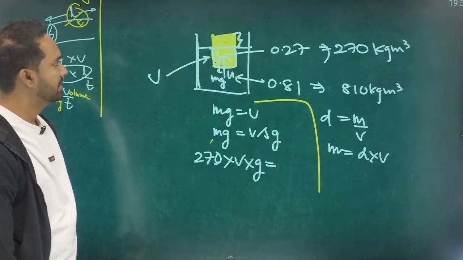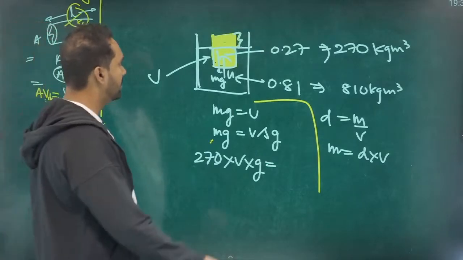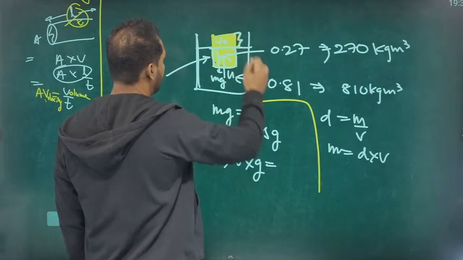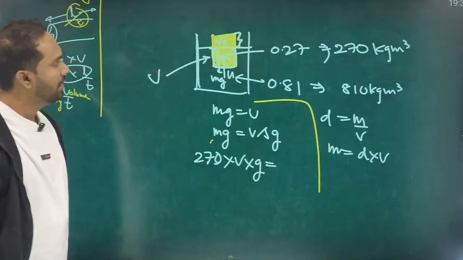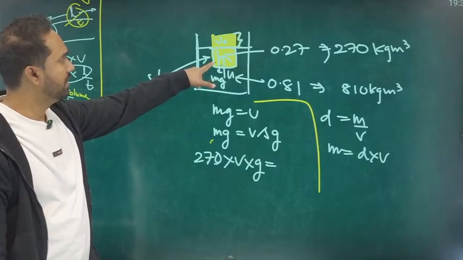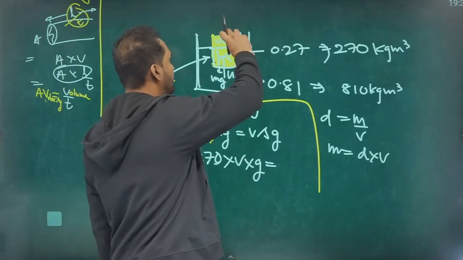Now the part that is immersed. If I take the volume of this top part as V naught, the immersed volume should be V minus V naught, because we don't need the immersed volume, we want this part.